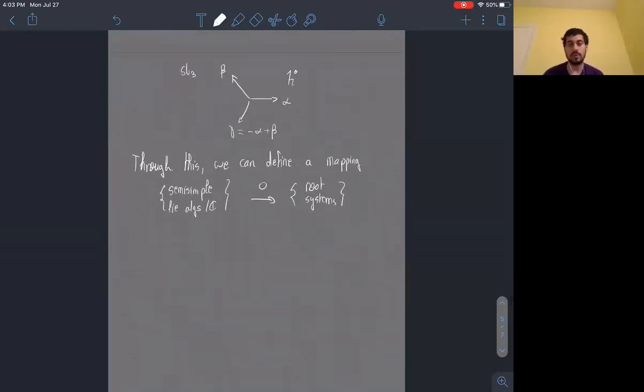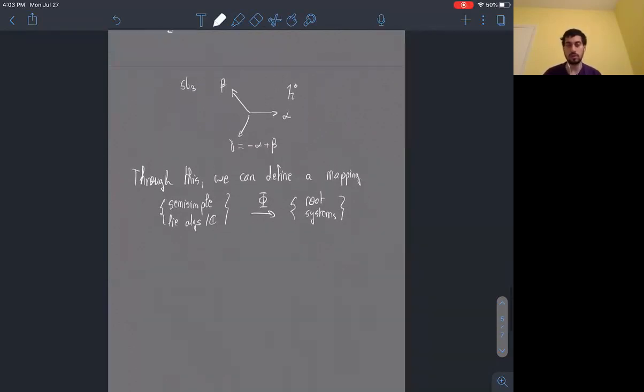Saad, maybe in the SL3 case, we can just mention quickly what alpha and beta are. The SL3 Lie algebra is traceless 3x3 matrices. So you can just take H to be the diagonal elements.